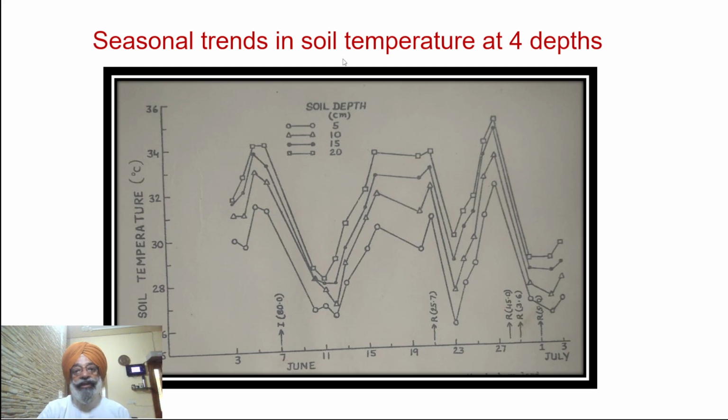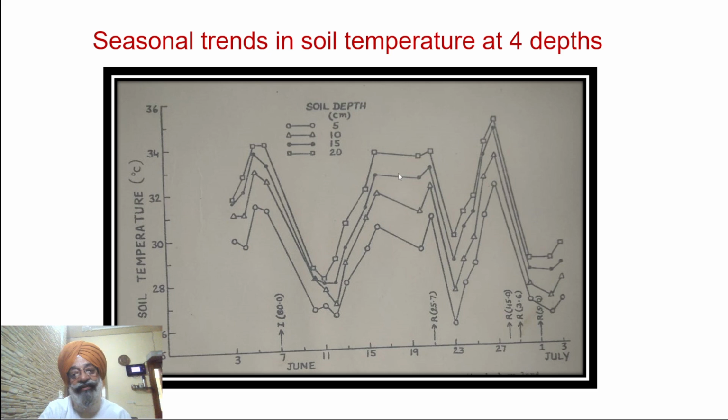So if you see the seasonal trends in soil temperature at 4 depths, 5, 10, 15, 20 centimeter, of course the temperature at 5 centimeter is highest, followed by 10, 15, and 20 centimeter. From June, here we had irrigation, the temperatures of all the layers fell down, the trend being similar, then again increasing.